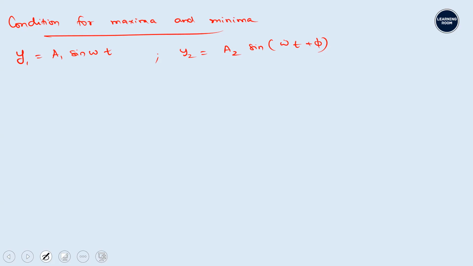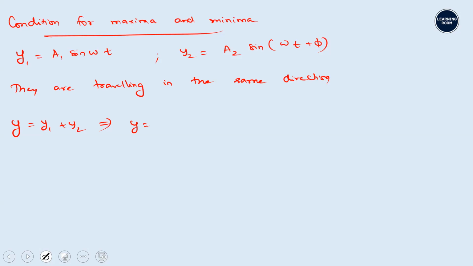If these two waves are traveling in the same direction, then y will be equal to y1 plus y2, which implies y is equal to, observe. So what does the principle of superposition state? Y vector is equal to y1 vector plus y2 vector.